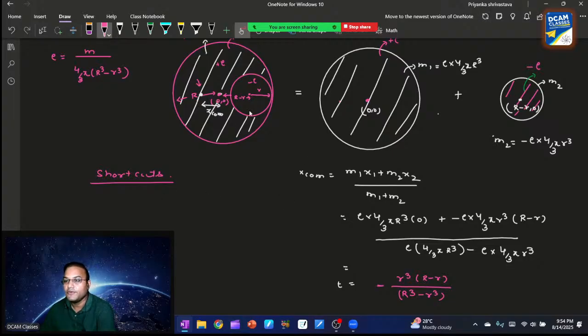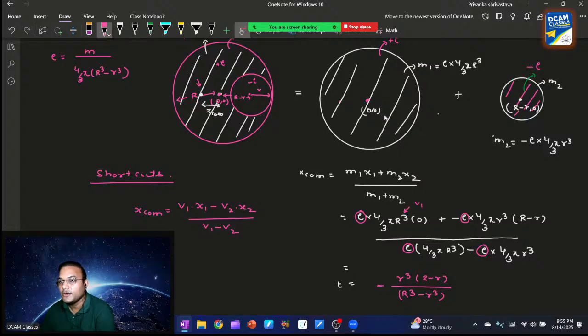In this case, if it was a sphere, X center of mass equals V1 X1 minus V2 X2 divided by V1 minus V2. Why am I doing this? Because if you remove this density rho, nothing is going to change. We are left with the volume only.